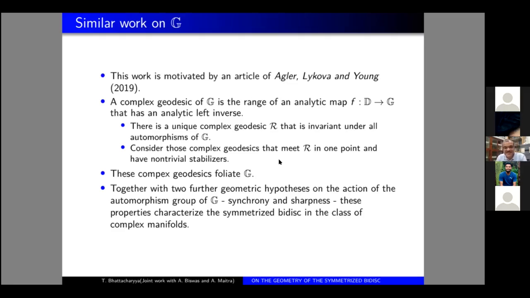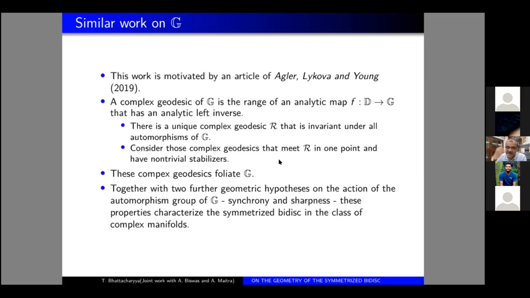Now they showed that this collection foliates G. So these complex geodesics foliate G, which was nice. They got a copy of the unit disk in there, and at every point of that copy of the unit disk inside G, they constructed a fiber. This disk along with the fibers foliates G.